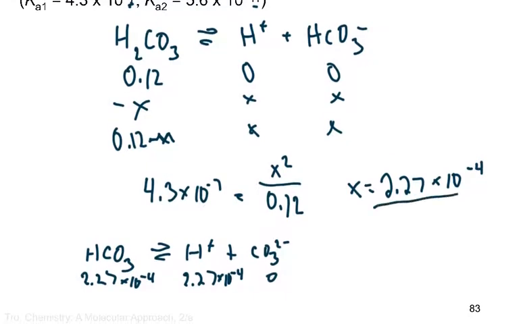So we're just going to use this as our H+ concentration. So then our pH is the negative log of that. So we get a pH of 3.64.